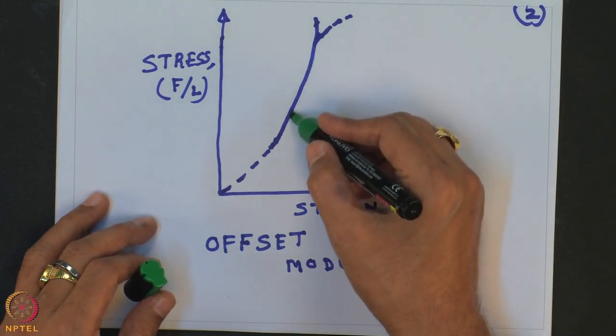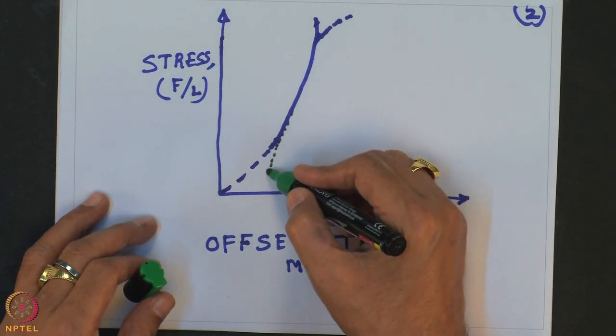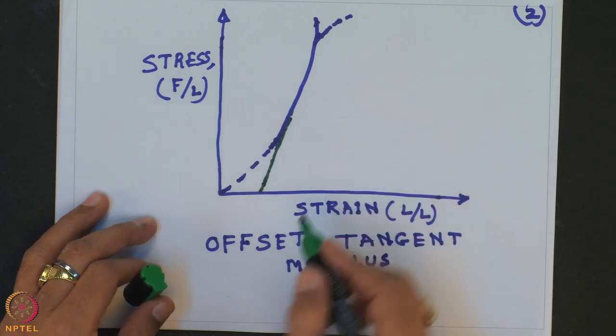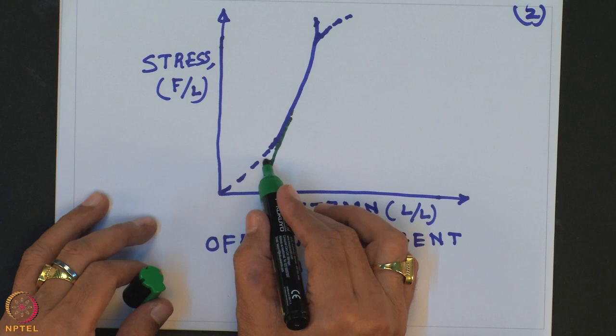You can take a tangent through here. So, this is the slope.